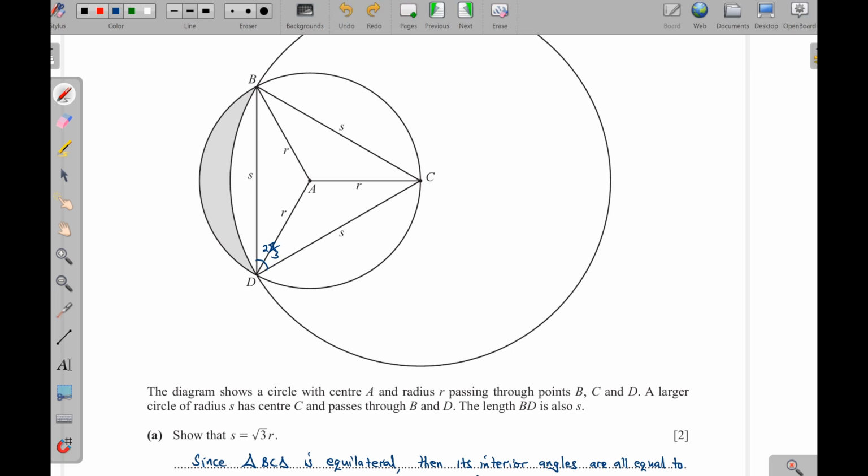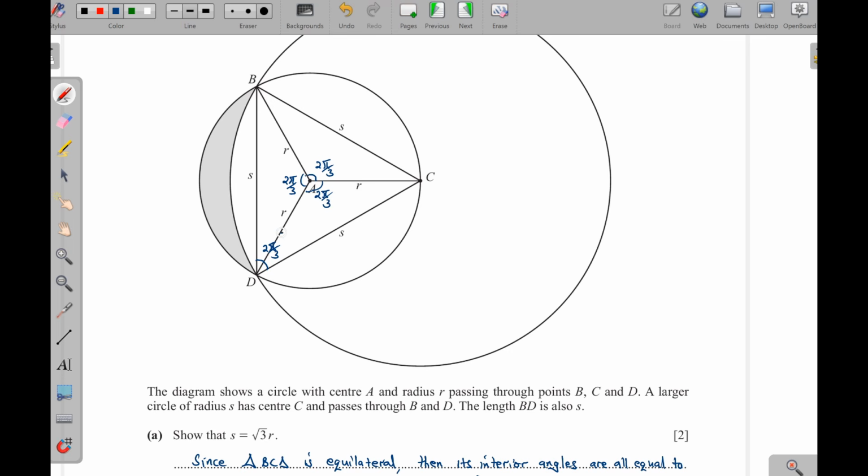So let's say 3x is equal to 360. That means this one will also be 2 pi over 3, which is 120. So each of these angles is 120. So we have 2 pi over 3. Also here, 2 pi over 3. Also here, 2 pi over 3.